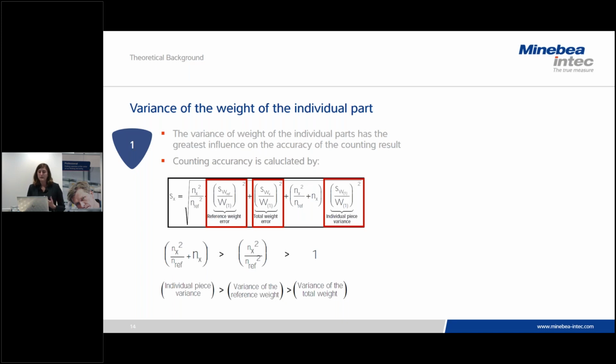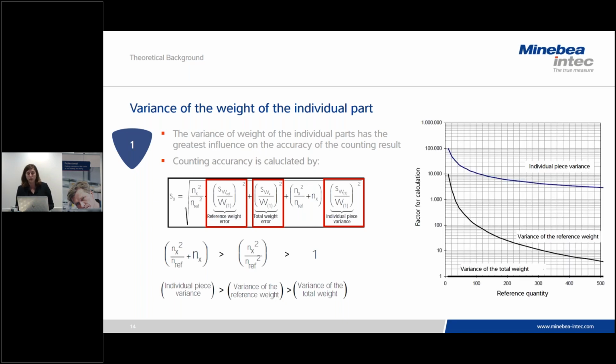And this becomes clearer when you look at it in a graph. So for example, when we have a reference quantity of 100, then the factor which we put in front in this equation is about 10,000.